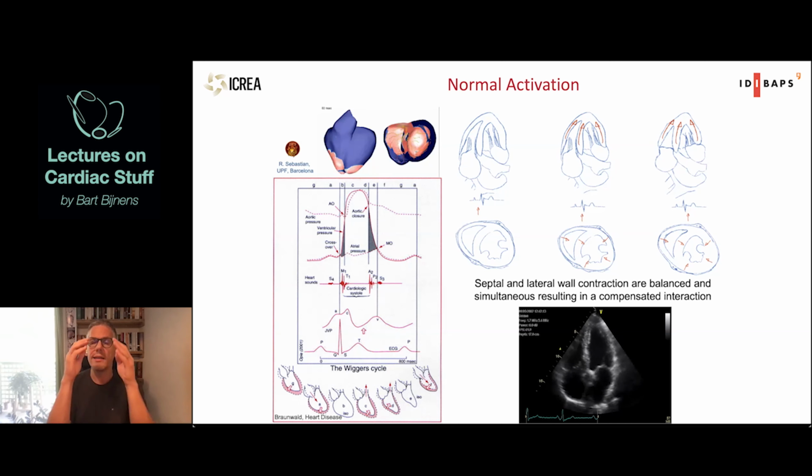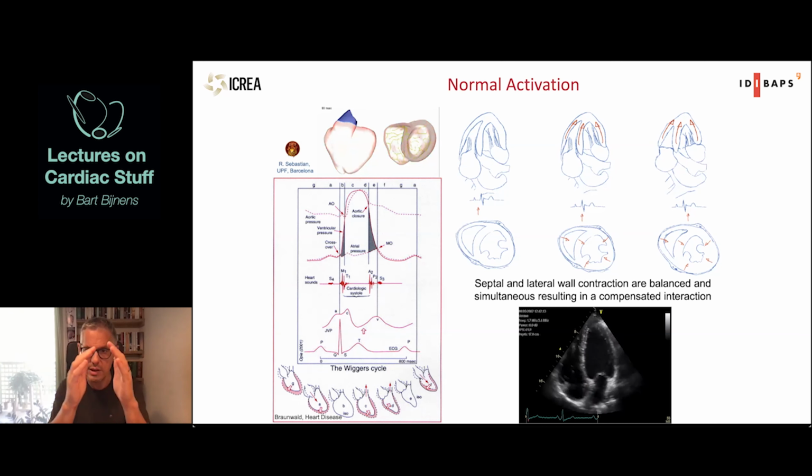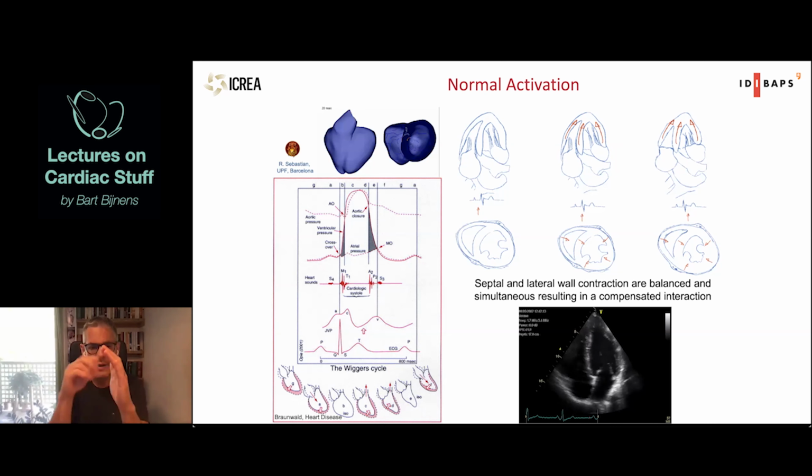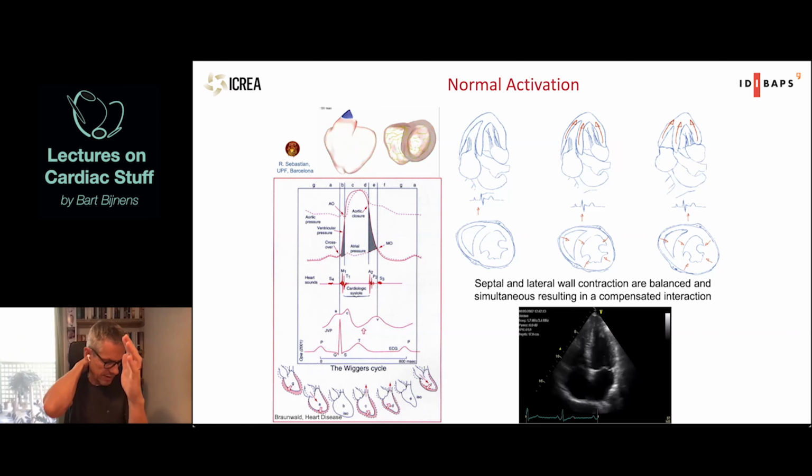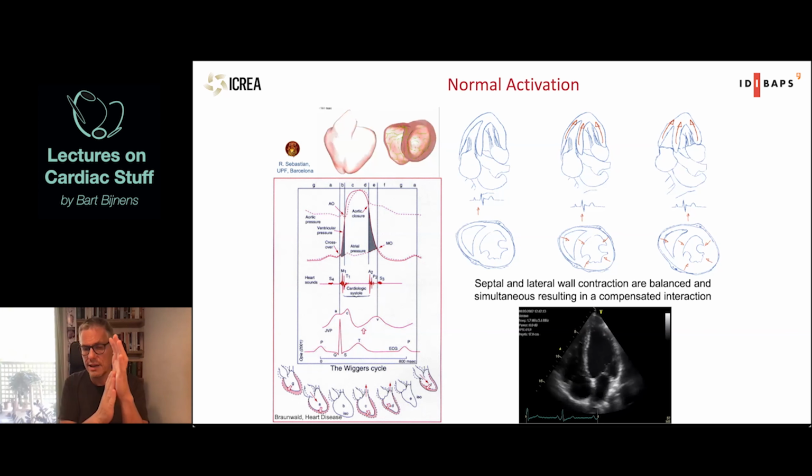And when we look at the contraction of the myocardium and say that we would have the ventricle, for example, like this, and say that we start from the septum, because the left bundle is at the septal part, so at the basal septum. And then the Purkinje system is starting.